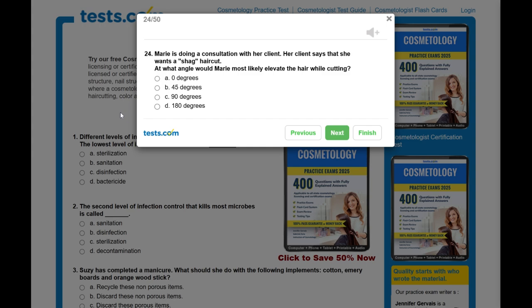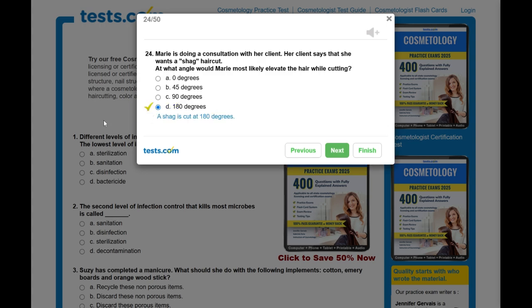Question 24. Marie is doing a consultation with her client. Her client says that she wants a shag haircut. At what angle would Marie most likely elevate the hair while cutting? A. 0 degrees. B. 45 degrees. C. 90 degrees. D. 180 degrees. D. 180 degrees.